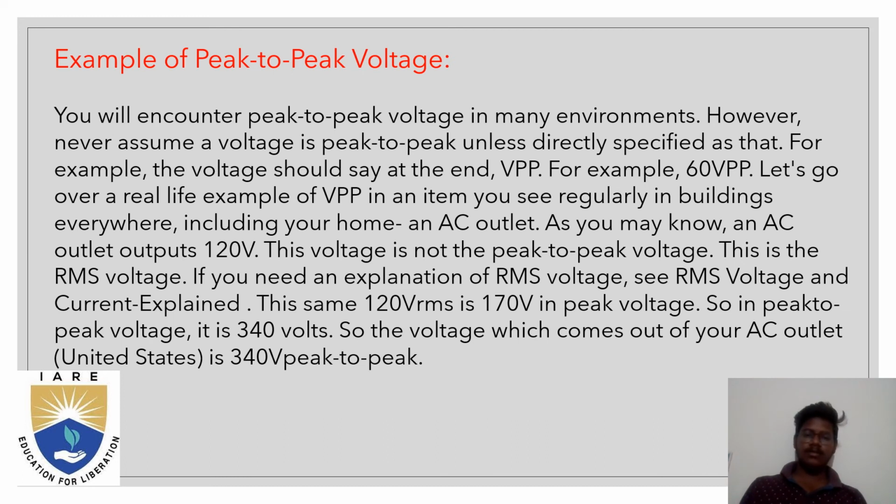The same 120 Vrms is 170 volts in peak value. So in peak-to-peak value it is 340 volts. So the voltage which comes out from the AC outlet is 340 volts peak to peak.